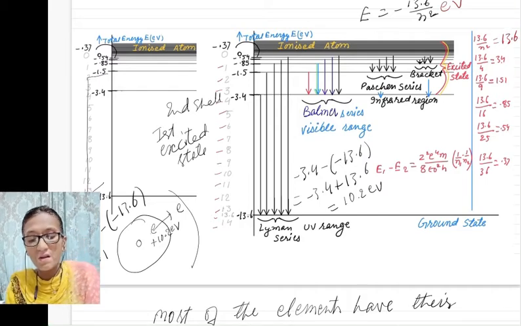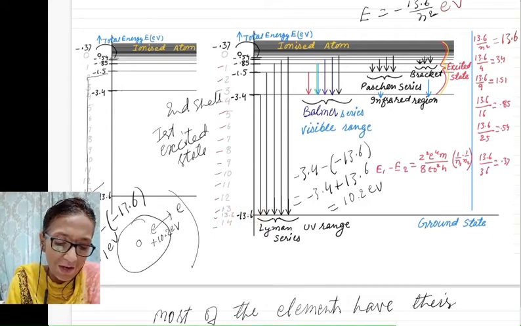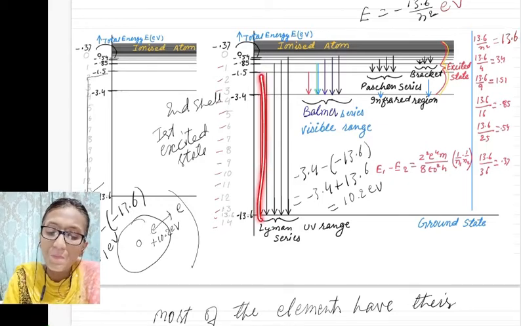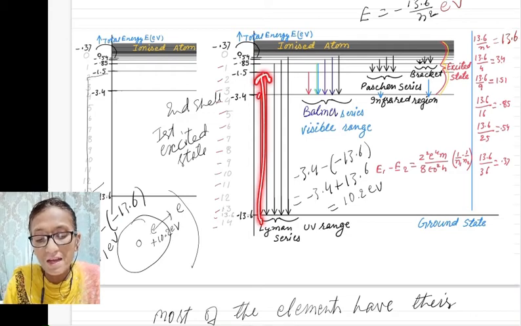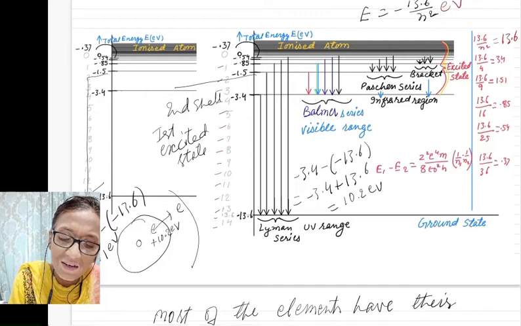So if any electron is in ground state here and it has been given energy equal to 12.1 electron volt, then it will reach its first cell, second cell, and this is your third cell. It will reach its third cell.